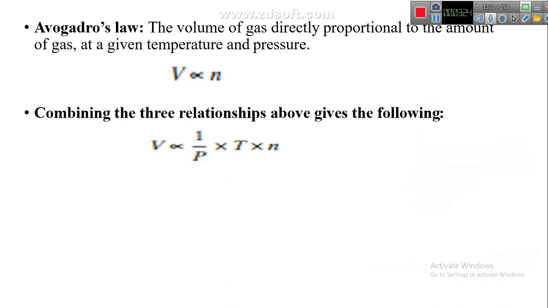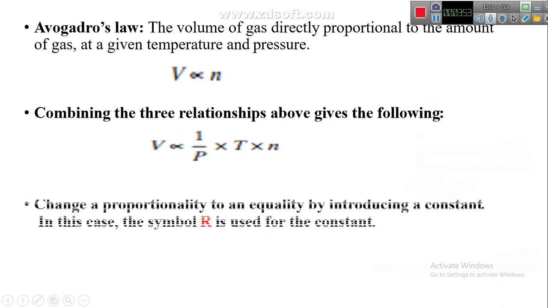V is inversely proportional to pressure according to Boyle's law, volume is directly proportional to temperature according to Charles' law, and volume is directly proportional to the number of moles according to Avogadro's law.